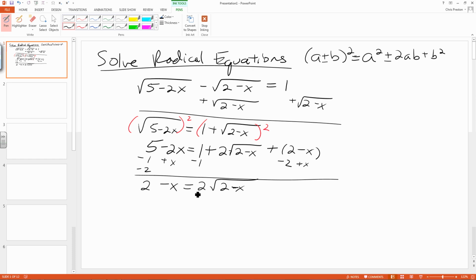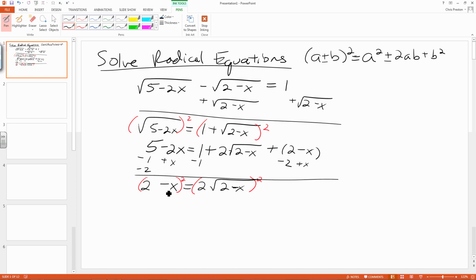Now, I could get rid of this 2 by dividing, but in this case, that doesn't really make the problem a whole lot easier. So I'm going to go ahead and leave this 2 connected. I just need to be aware when I square both sides again, because I'm going to want to get rid of this square root, I have to square this 2 as well.